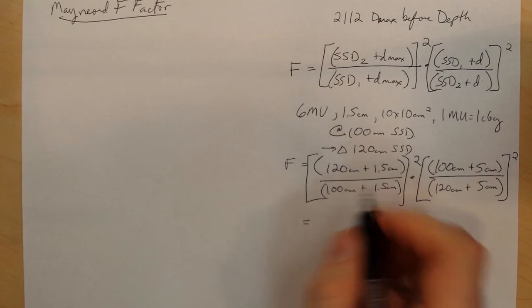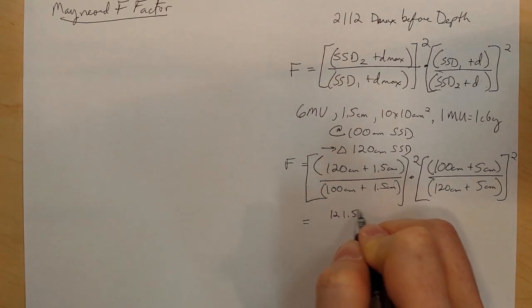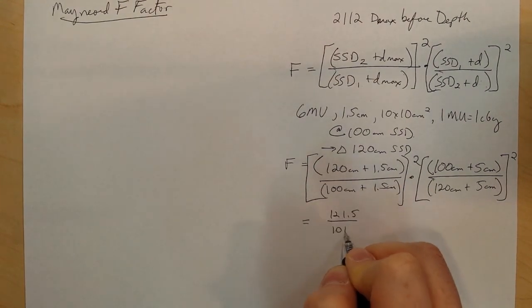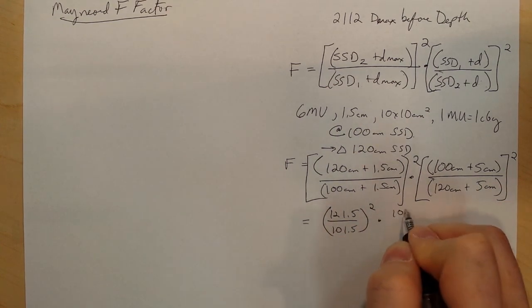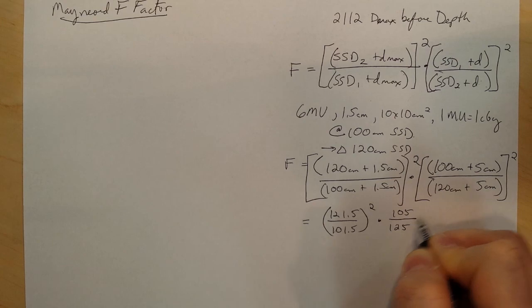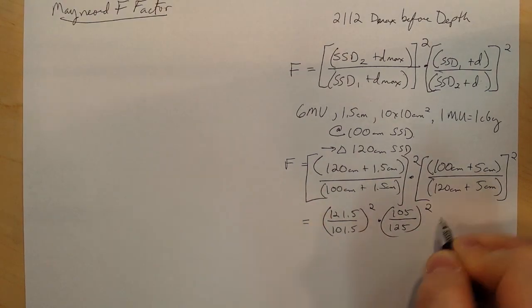So what do we get? I got 121.5 divided by 101.5 squared, and 105 divided by 125 squared.